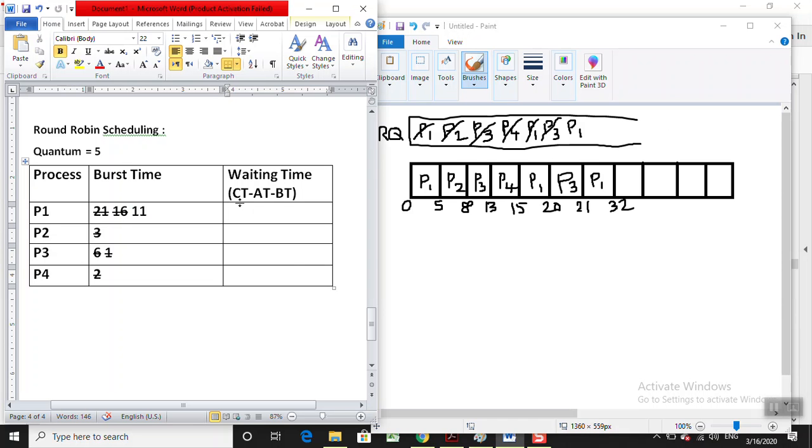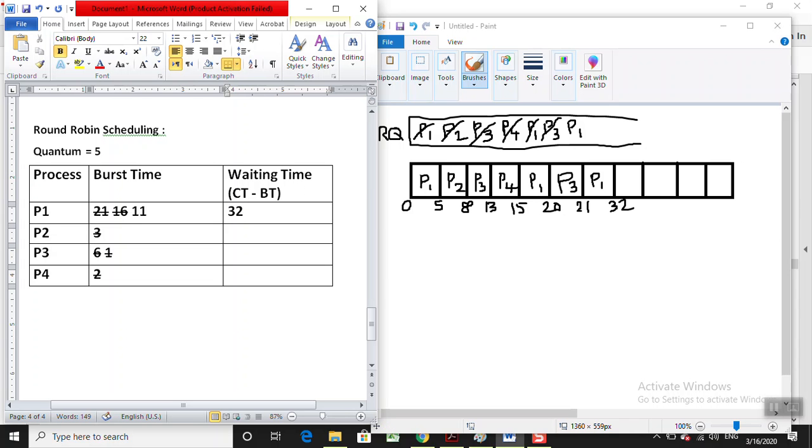What is the waiting time? Completion time minus arrival time minus burst time. Since there is no arrival time, we assume that all the arrival times are 0, so you can directly write CT minus BT. What is the completion time of P1? It finished at 32.